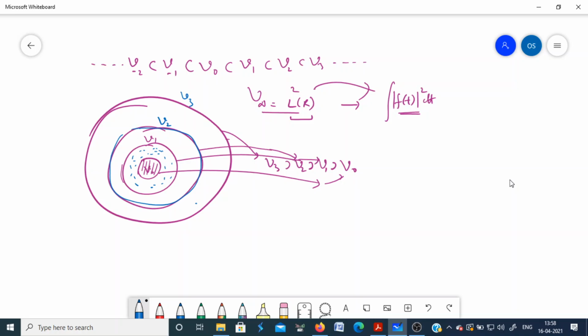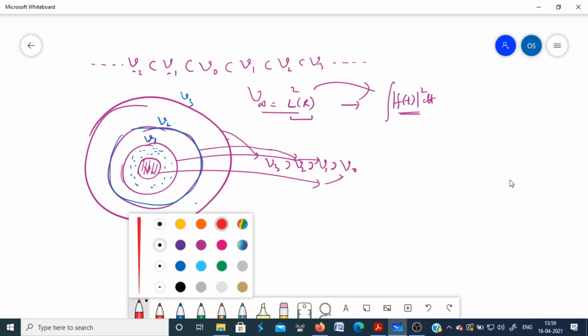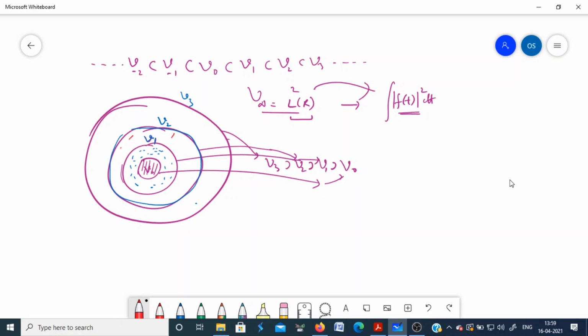Whatever functions fall in the span V1 will also be part of V2, but apart from that span, you will have other functions which are basically not available in the span of V1.